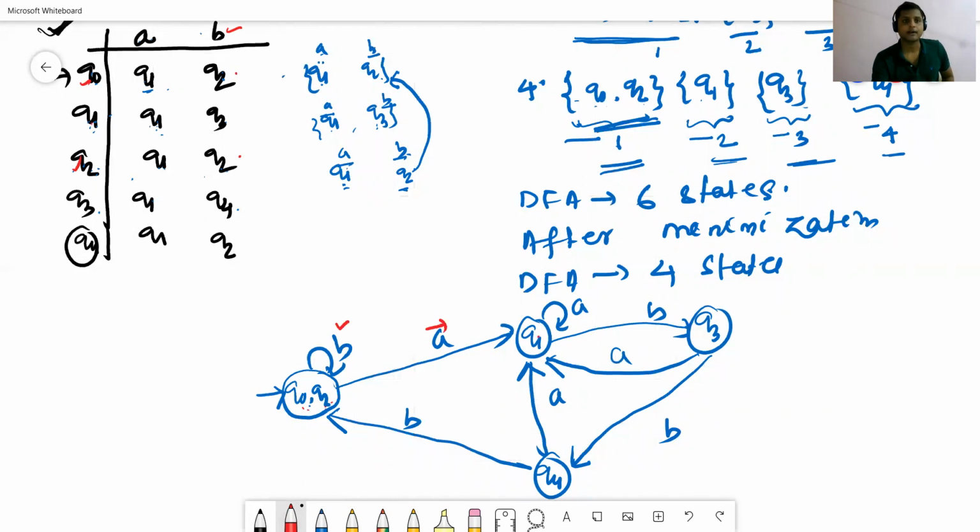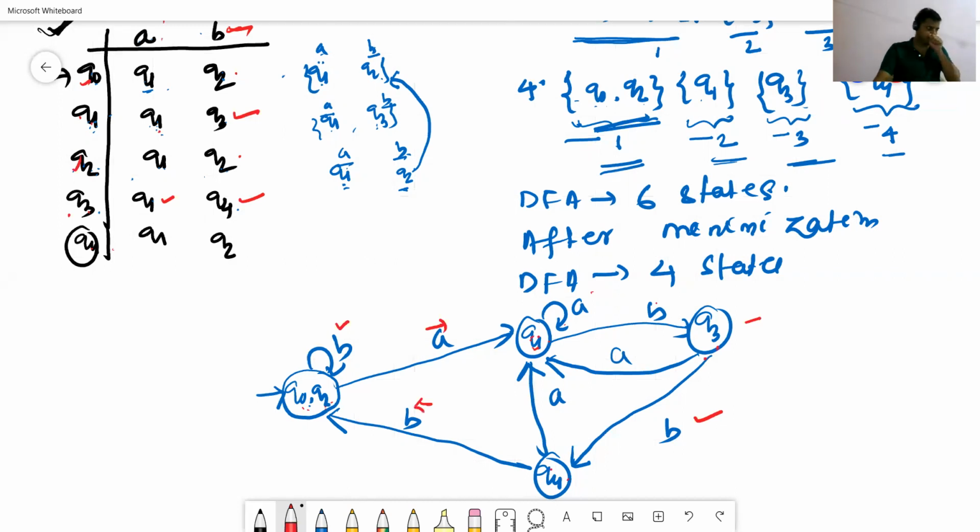Q1 reads A, goes to Q1. Q1 reads B, goes to Q3. Q3 reads A, goes to Q1. Q3 reads B, goes to Q4. Q4 reads A, goes to Q1. Q4 reads B, goes to Q2.